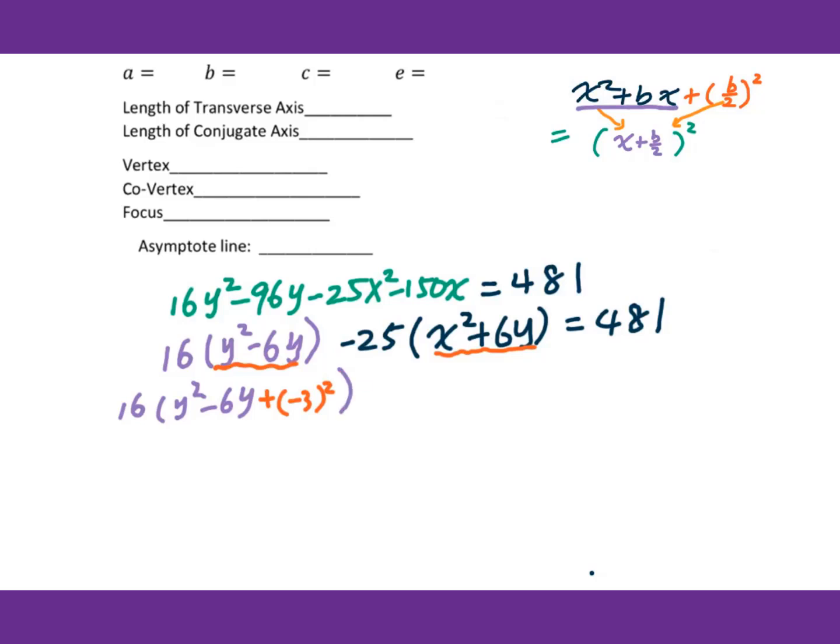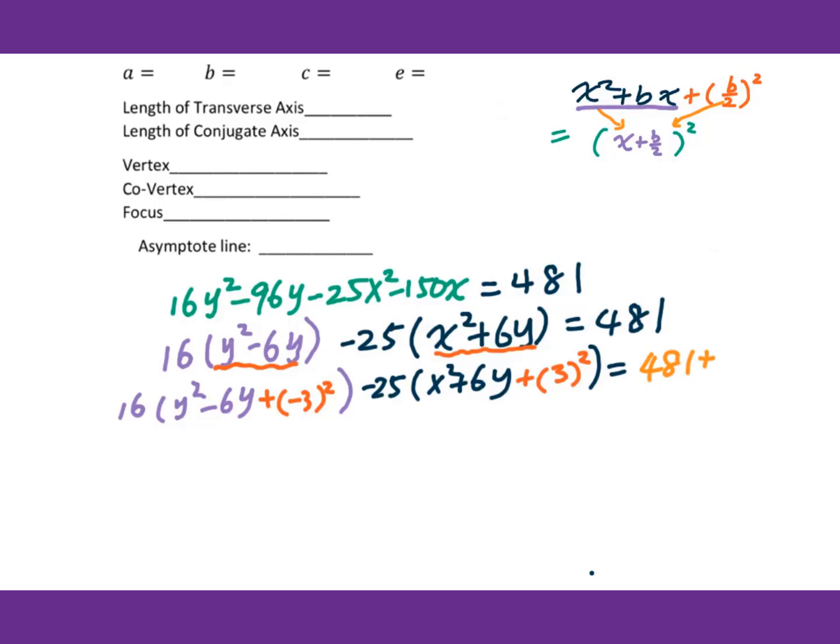Then minus 25 times x squared plus 6x. Then add b over 2 squared, that is 3 squared, equals 481 plus.